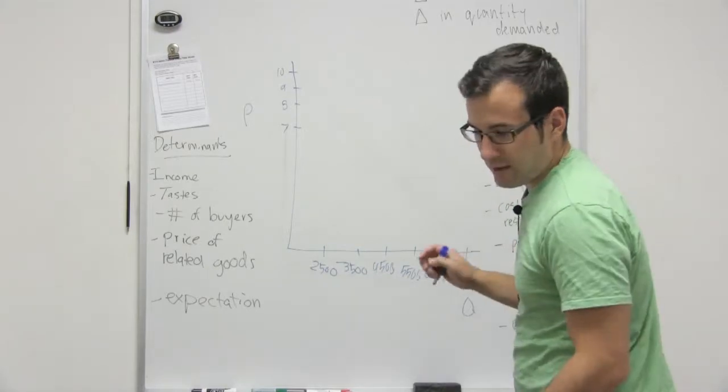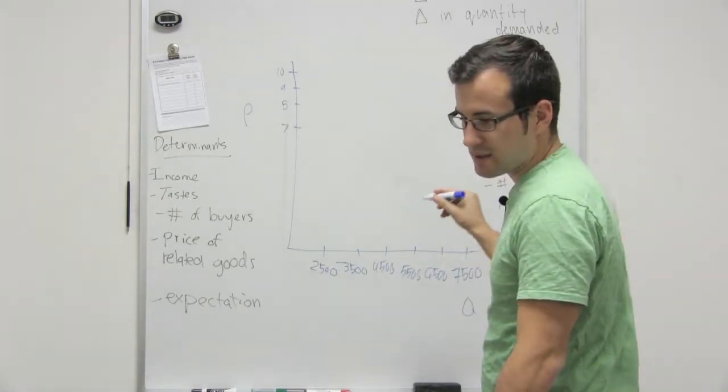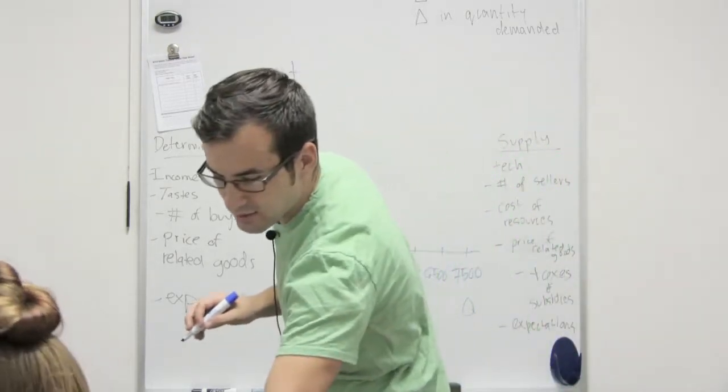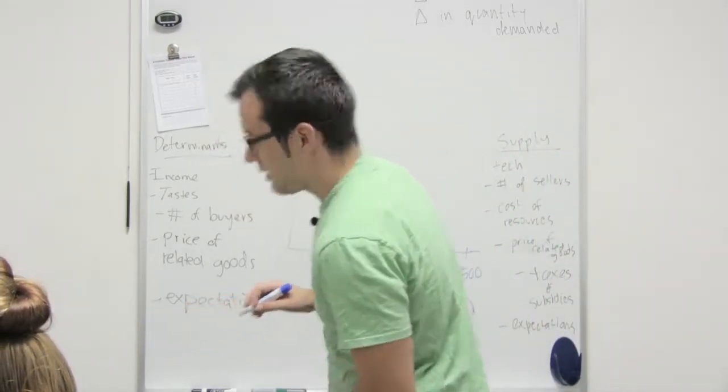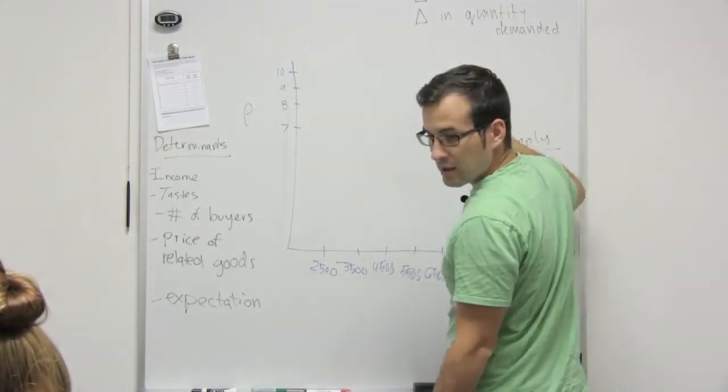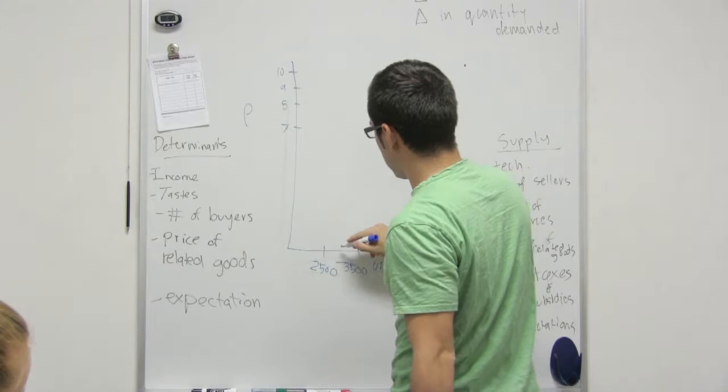So at $10, what's being supplied? That's what this is telling us: at $10 we have 7,500 being supplied, and how much is being demanded? 3,000. So it's somewhere in here.